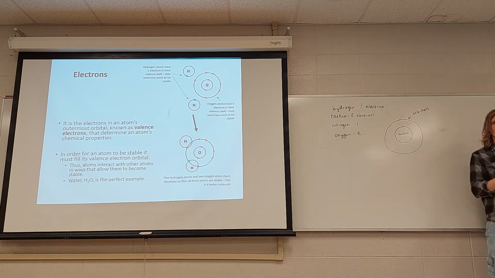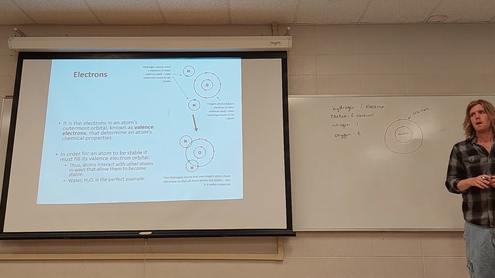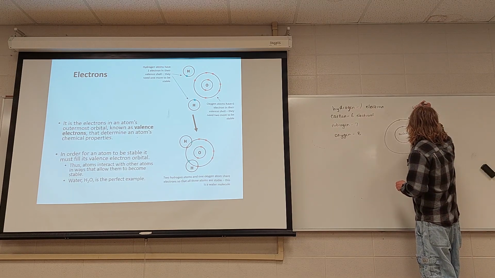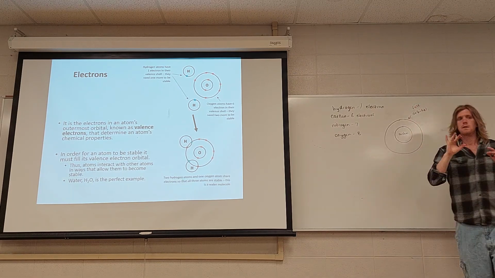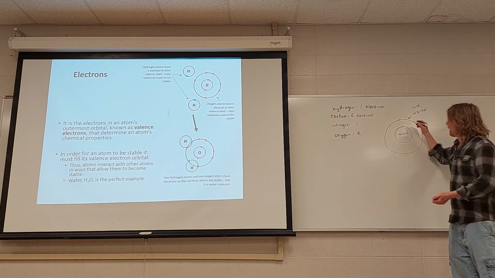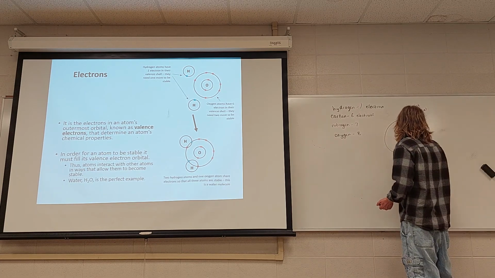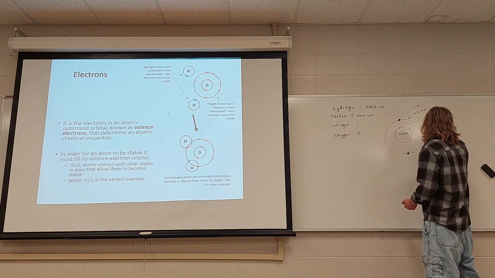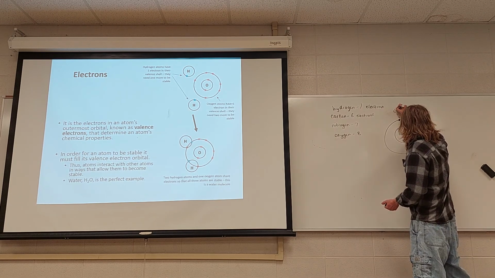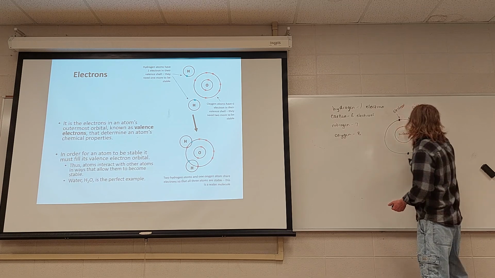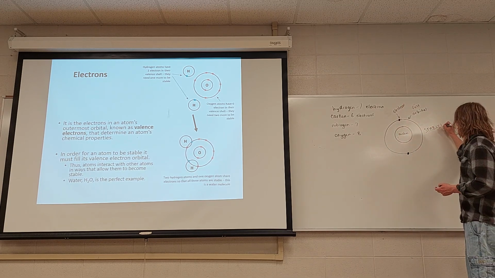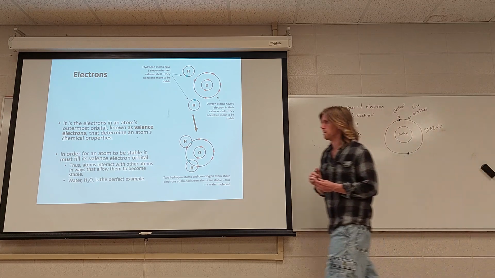This is the home of electrons. The first orbital, in order to be stable, has to have 2. I've just put 2 electrons here in the first orbital of our hypothetical atom, and it is stable.